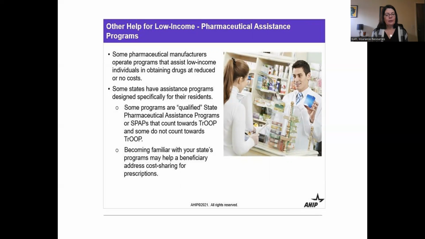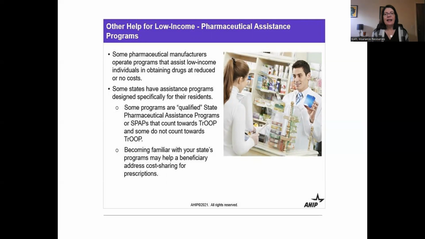And I always tell people, if you have a client that qualifies for EPIC, and there are income limits, have them sign up, because even if they don't use it to help pay for the cost of their drugs, it gives them a one-time a year opportunity to change plans. It gives them an election period, and we're going to talk about election periods in a future module.